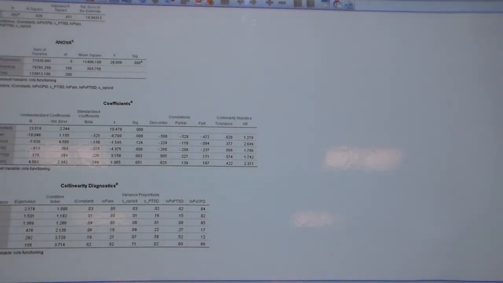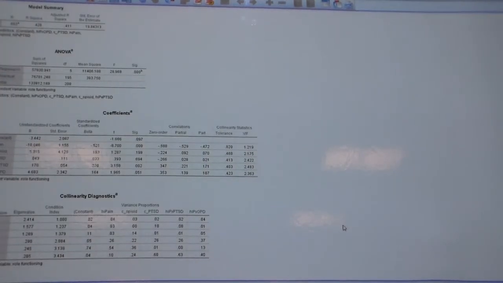Same thing if we go down and take a look at coefficients for high levels of pain. Lauren, what are we most interested in here? PTSD. What did we hand calculate the coefficient for the simple slope of PTSD at high levels of pain to be?